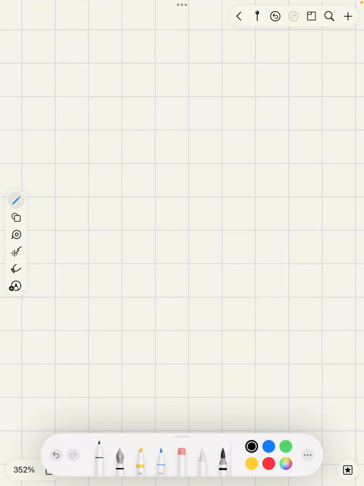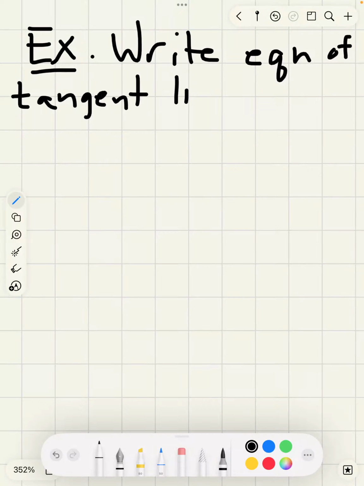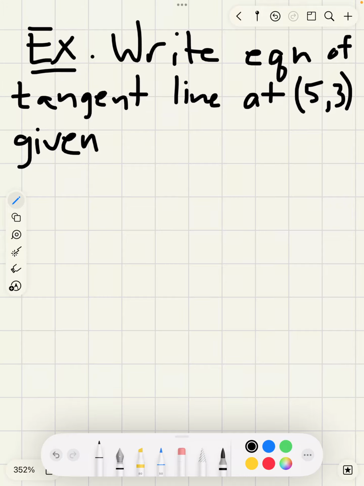So, other example. Let's say that I want to write the equation of the tangent line at the point, we'll say 5, 3, given that x squared over 10 plus y squared over 6 is equal to 4.